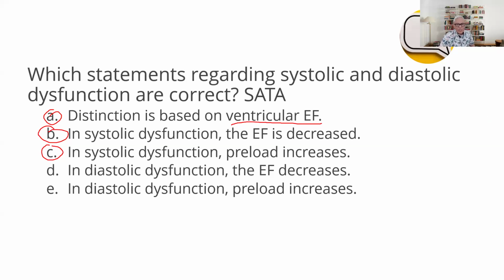In diastolic dysfunction, this is going to be either a normal or even sometimes increased ejection fraction. Letter D, in diastolic dysfunction the EF decreases, is incorrect because it actually could remain normal or even increase because of the increase in cardiac muscle.